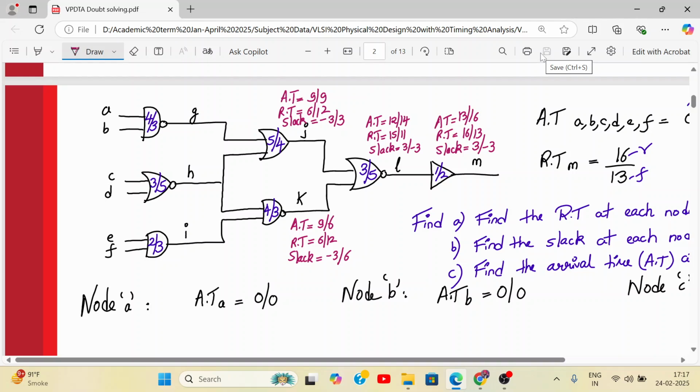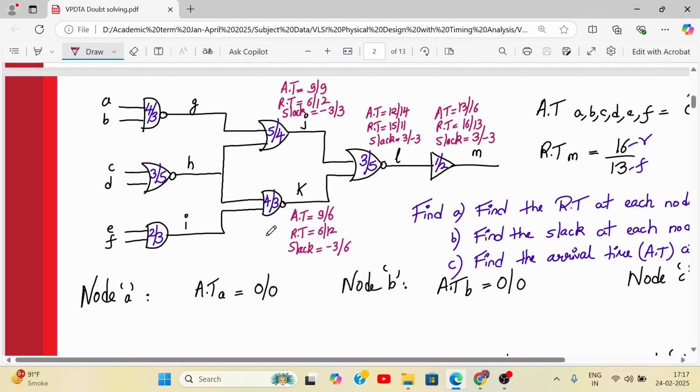Now let us go and calculate for the next node. Sorry, node I. First we'll go to node I. For node I, output is K. Okay, remember that this is a non-inverting gate and NAND gate.